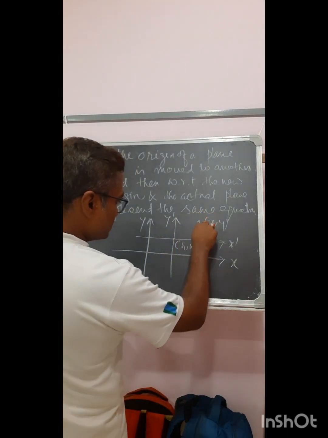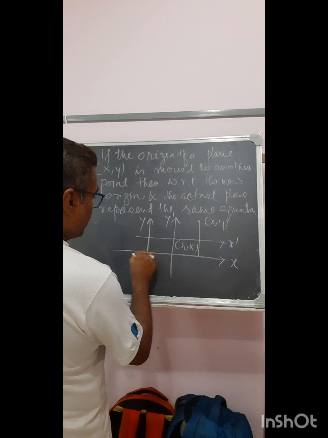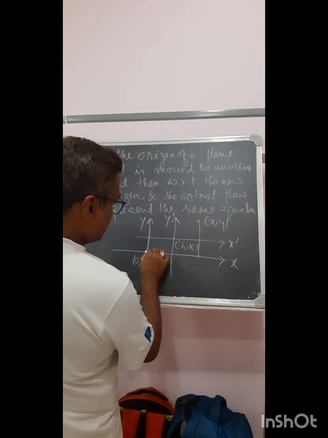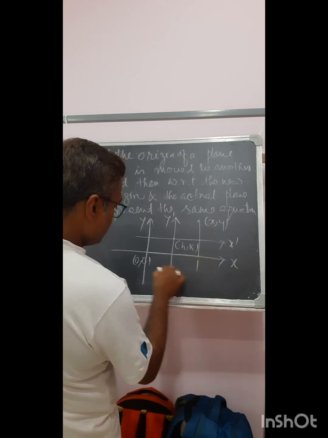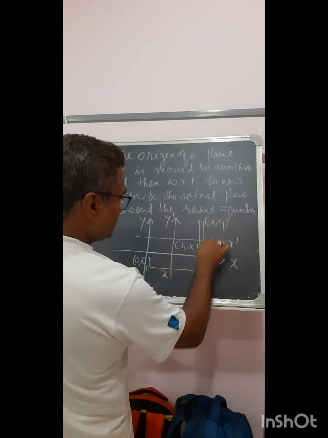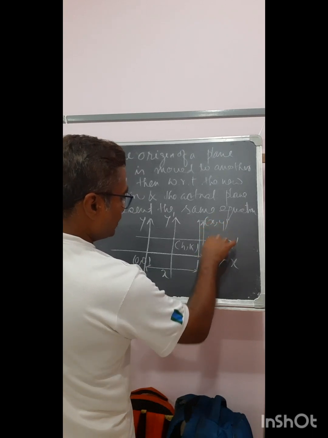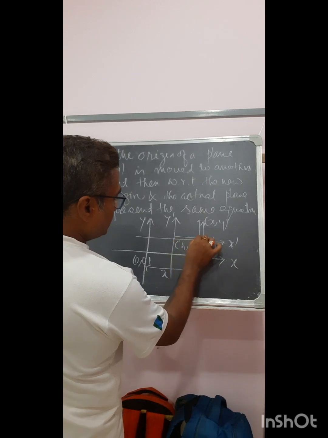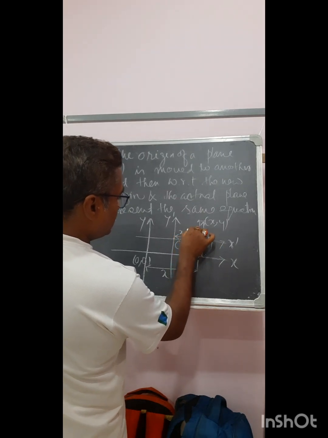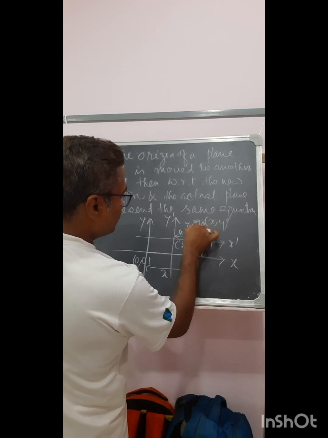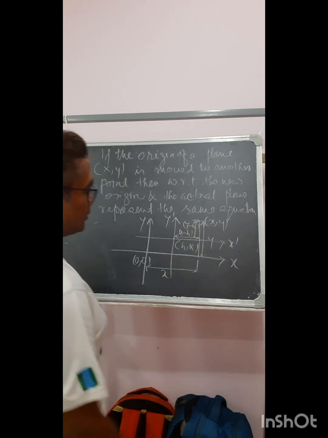If you draw this perpendicular, and this is 0,0, you can understand that this part is your x and this part is your y, and with respect to the new origin it is x minus h, and this is y minus k, isn't it?